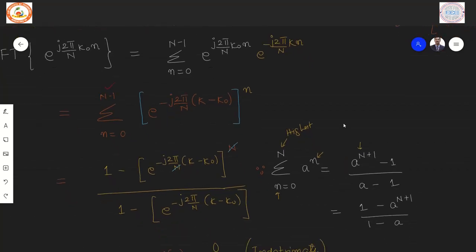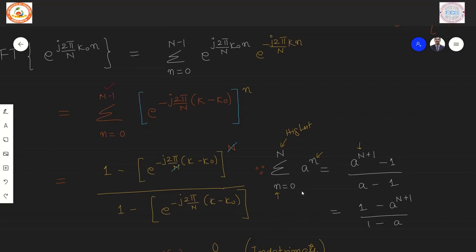And solving this particular thing, the simplification is given as a power of N plus 1, so you check the highest term, add 1 to it, minus 1 divided by a minus 1. Alternatively, we can also write it in the form of 1 minus a power of N plus 1 divided by 1 minus a. So if you want, you can take a minus as a common thing, and minus will cancel, and you can get an arrangement like what is shown here.